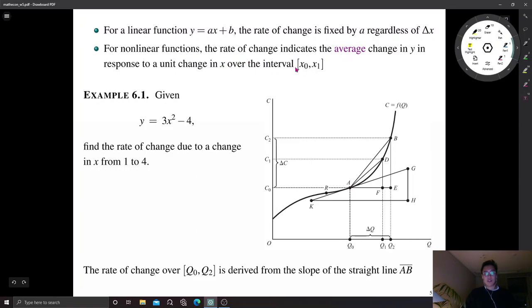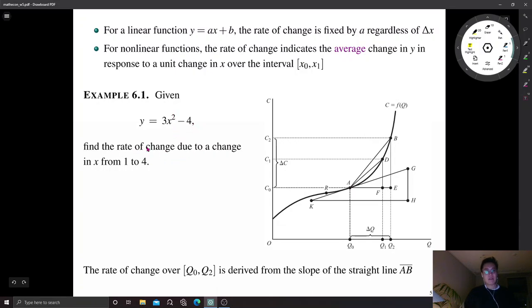So if x changes from x0 to x1, the corresponding rate of change indicates how much value y changes on average in response to a unit change in x. All right, so to help you understand this interpretation, let me show you one example. Here we are given one nonlinear function, y equals 3x squared minus 4.